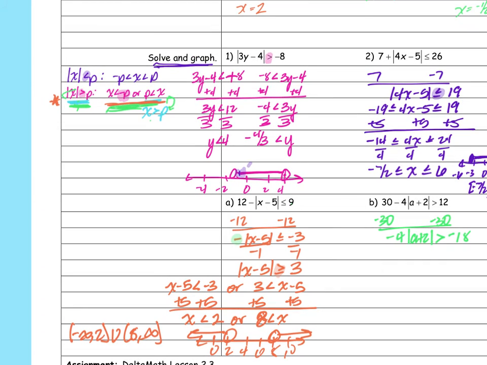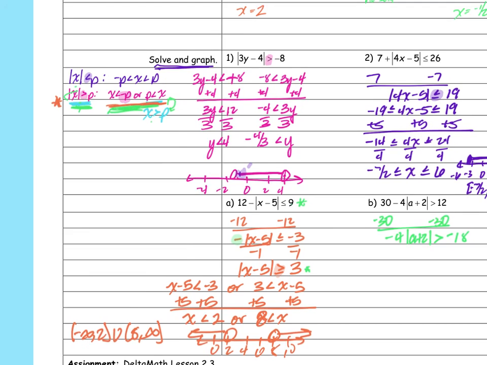It says the absolute value of x is less than p or greater than p. So I need to get the absolute value by itself before I decide which rule to pick. So my original equation here is not the same sign as here because I divided by a negative number.